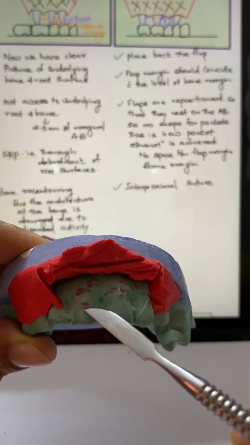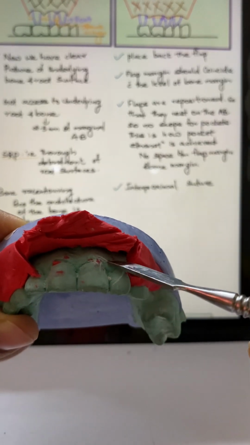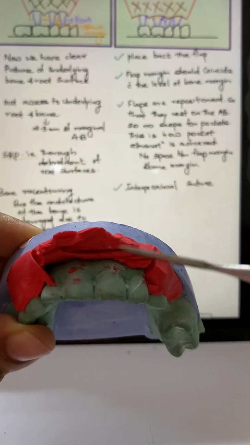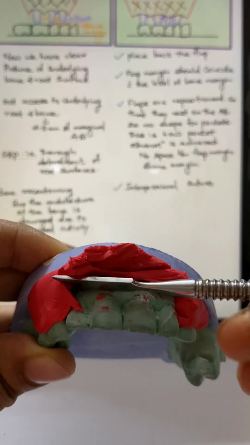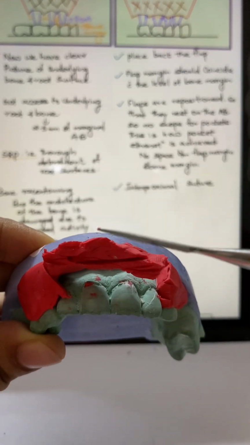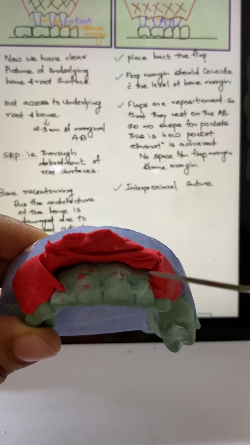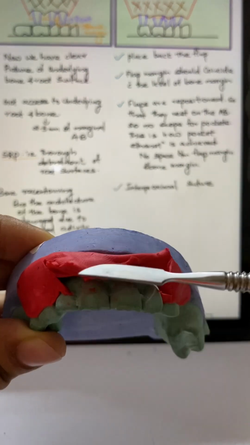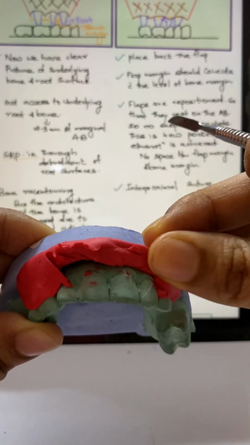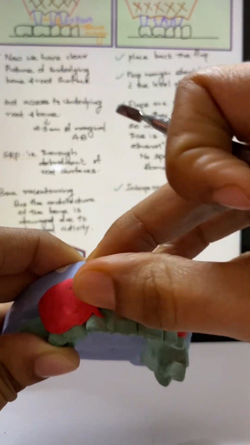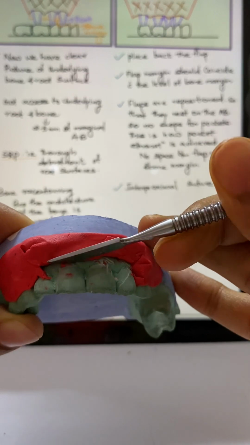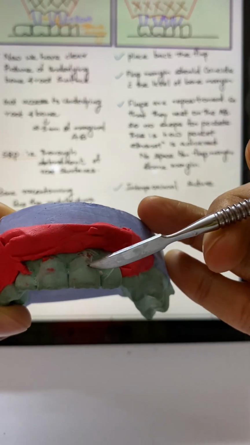So everything is finished. The next step is to place back the flap. When we place back the flap, the flap margin should coincide with the level of the bone margin. It should not go like this. Suppose this is the bone margin, then the flap has to be placed back here, not till here.